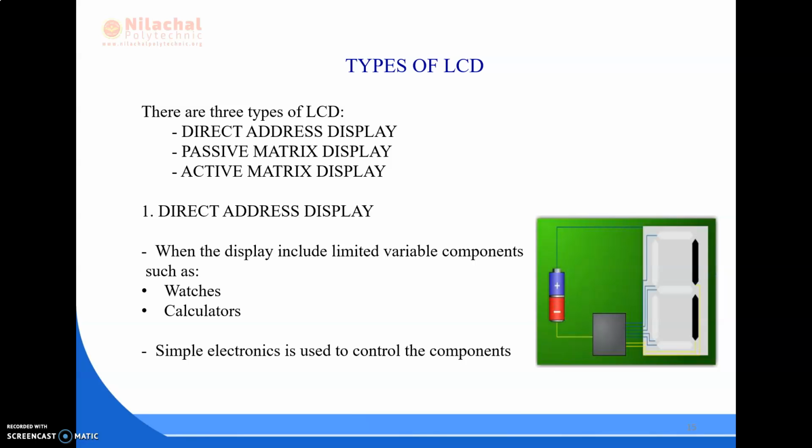There are basically three types of LCD: direct address display, passive matrix display, and active matrix display. So let's start with the direct address display. When the display includes limited variable components, such as in watches and calculators, simple electronics are used to control the components.